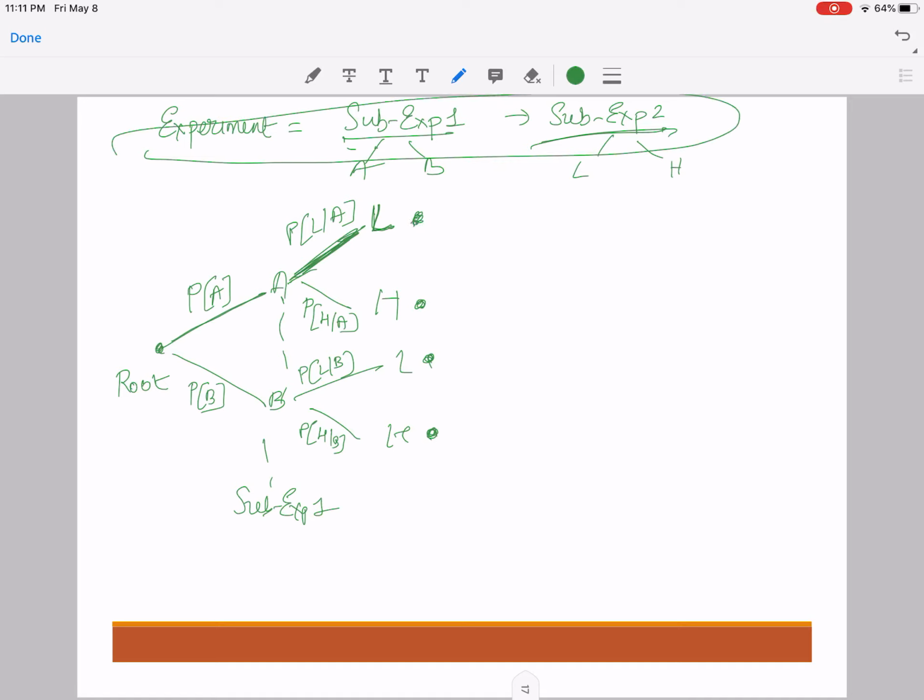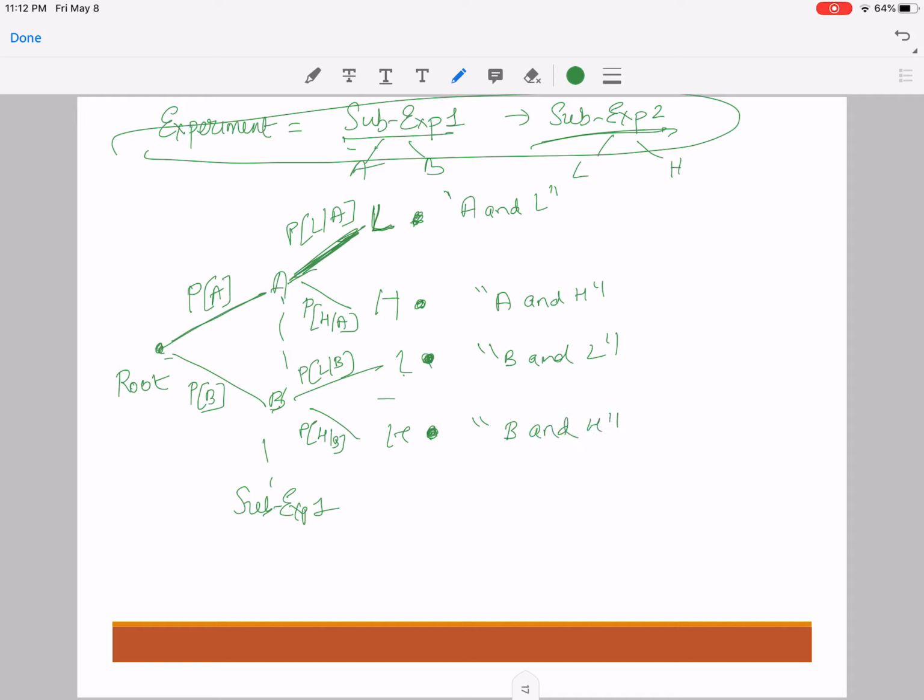Specifically, this leaf here is A and L. This leaf here is A and H. This leaf here is B and L. And similarly, this leaf right here is B and H. So these are the final outcomes.